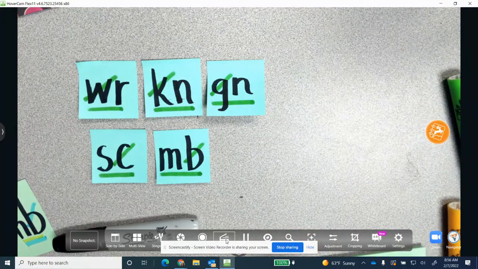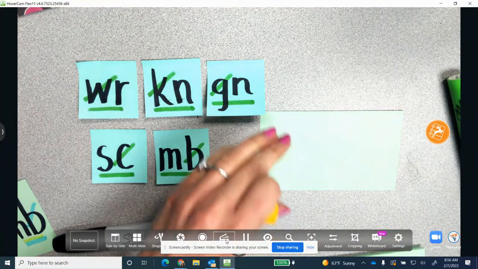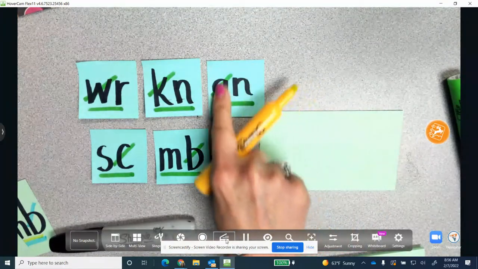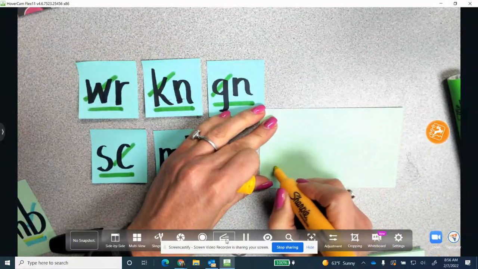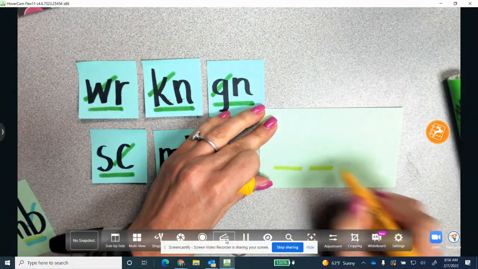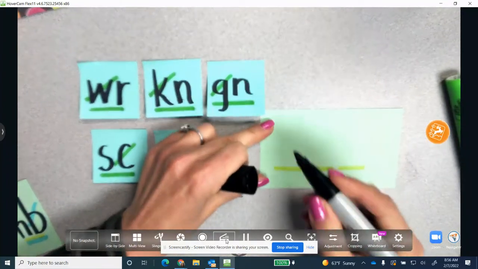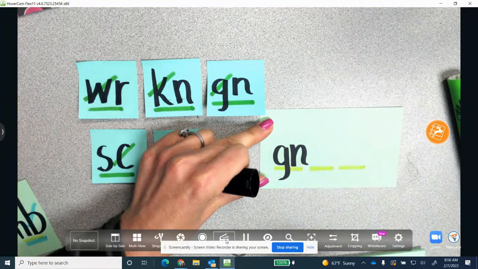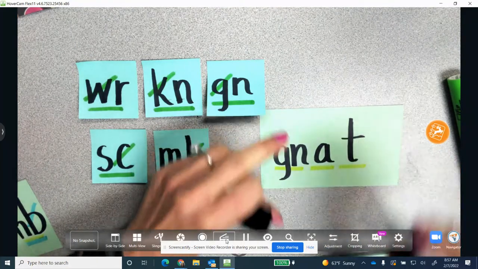Number 5, gnat. The gnat is buzzing by my ear. We are going to use this spelling pattern. At, hat. At, gnat.